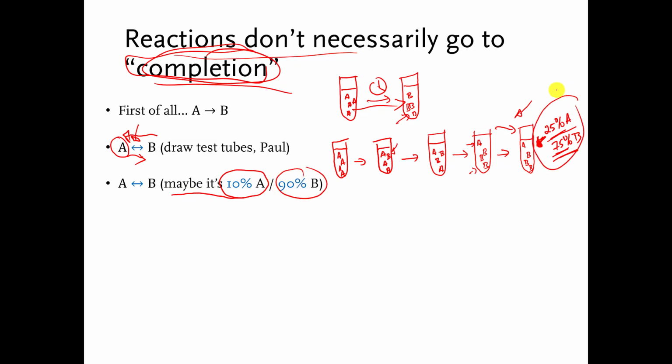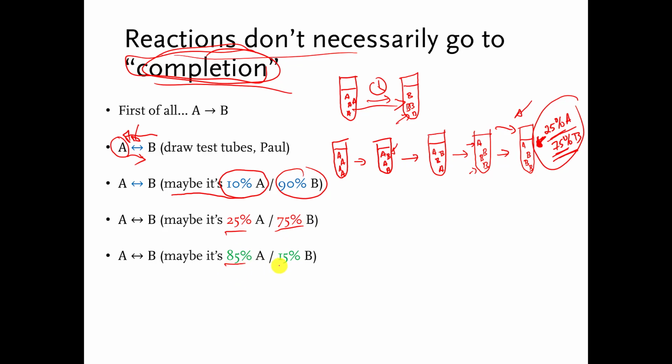These are just numbers that I'm making up. It could even be 85% A and only 15% B. But eventually, if you let the reaction do what it's going to do, the percentages will stop changing. Once you reach a situation where the percentages stop changing, there's a fancy chemistry term for this.